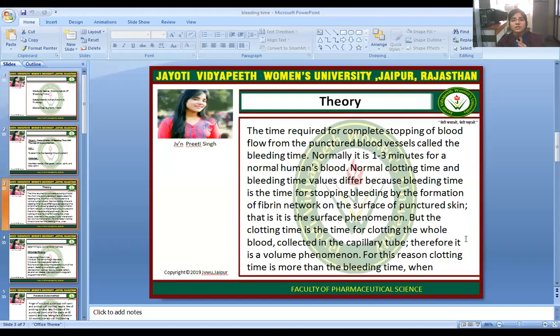That is, it is a surface phenomenon, but the clotting time is the time of clotting of the whole blood collected in the capillary tube. Therefore, it is a volume phenomenon. For this reason, clotting time is more than the bleeding time.